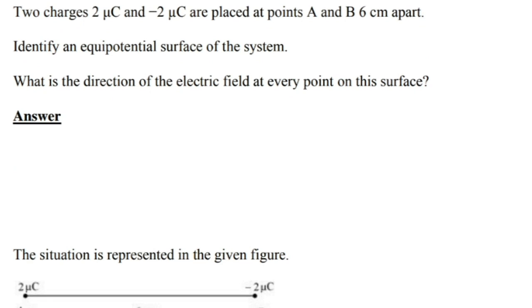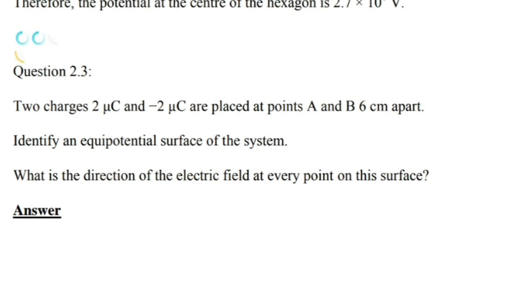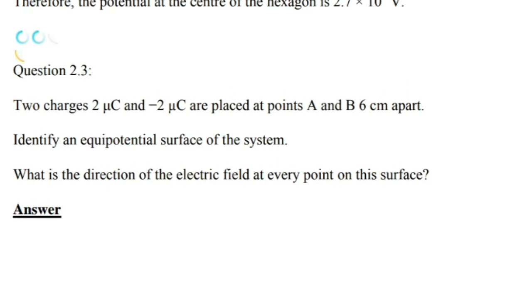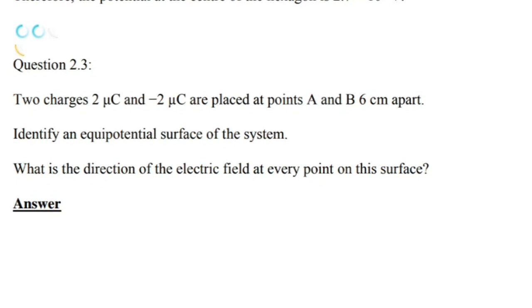Now coming to question 2.3. Two charges, 2 microcoulomb and minus 2 microcoulomb, are placed at points A and B 6 centimeter apart. Identify an equipotential surface of the system. What is the direction of the electric field at every point on this surface?